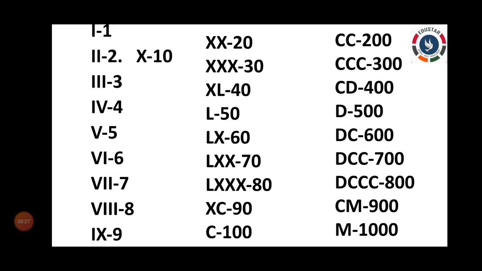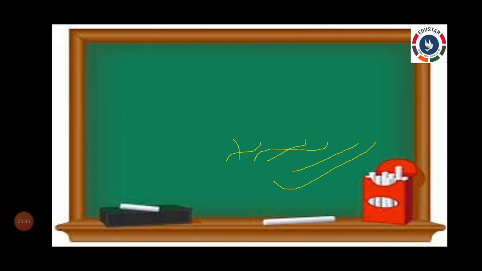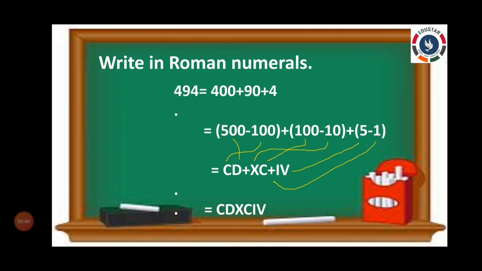So if you have studied all those things thoroughly, you can do all those sums easily. Then I am going to explain through some examples how we do the sums. Write in Roman numerals. Here 494 is given. You have to split the number, I mean expand the values: 400 plus 90 plus 4.